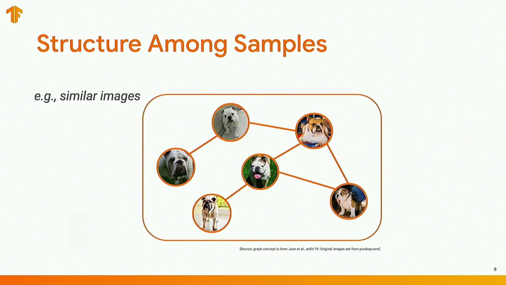You might ask, what do you mean by structure, right? Structure is everywhere. In the example that I showed you earlier, if you look at images, just take a look at this graph here. The images that are connected via edges in this picture basically represent that there's some visual similarity between these.